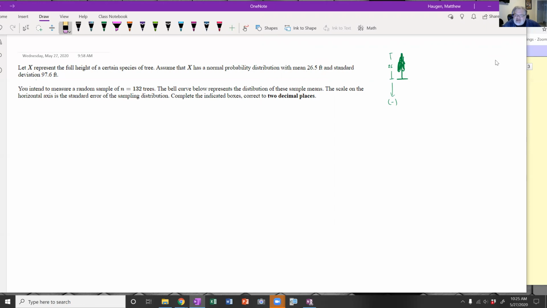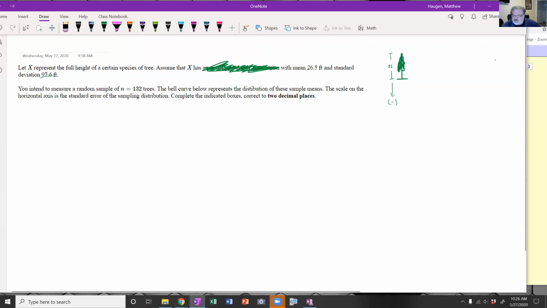So I actually don't believe them when this problem says that this population is normally distributed. It's almost impossible for it to be normally distributed, given the data they've given us, because that would mean we'd have a bunch of negative height trees.